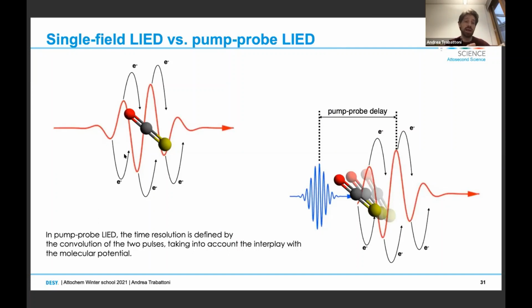But actually, we would like maybe also to do a real pump-probe experiment, as described by Francesca yesterday. So in that case, you don't have only the delay between ionization and rescattering, but the pump-probe delay, because you can excite the molecule, for example, with a UV laser into a certain excited state, and then probe with LEED the dynamical structure of your molecule after this excitation.